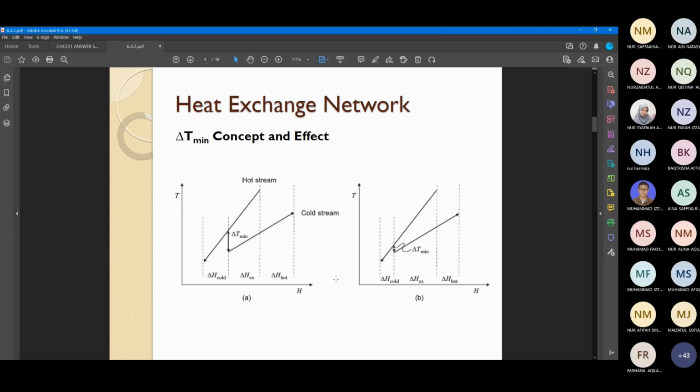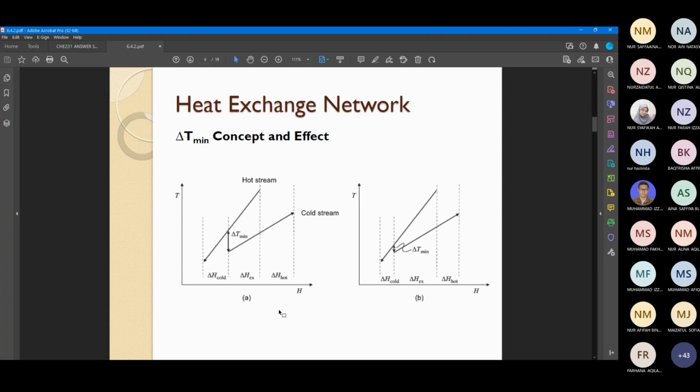So when you want to deal with this delta T, you have to look at the delta T minimum that has been recommended and that is possible for you to have. If you have a smaller difference for your delta T, that will be good enough.